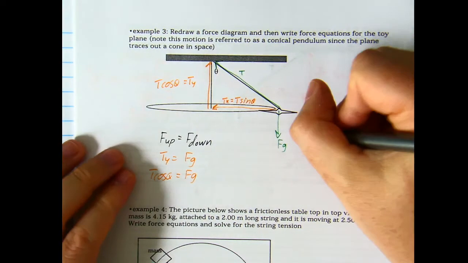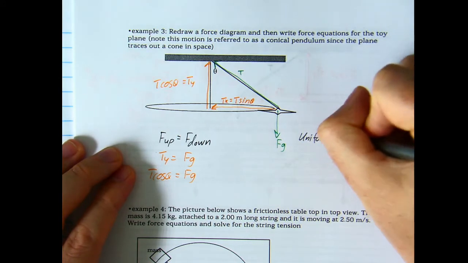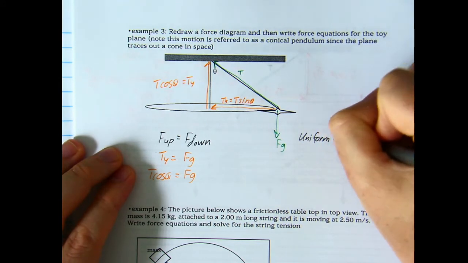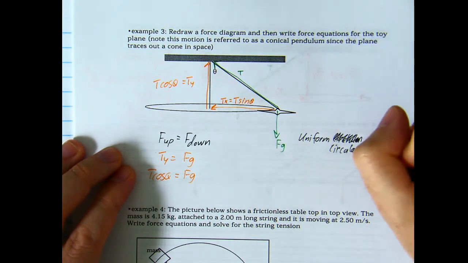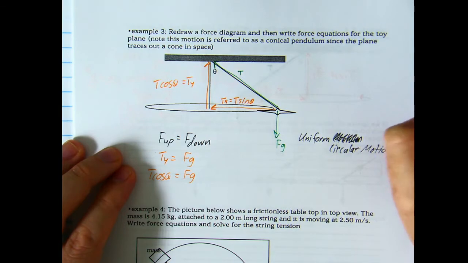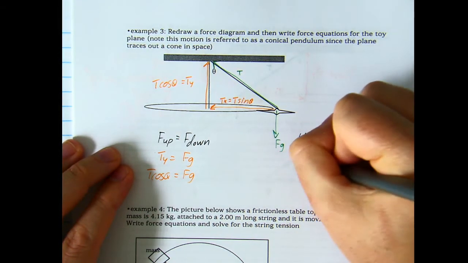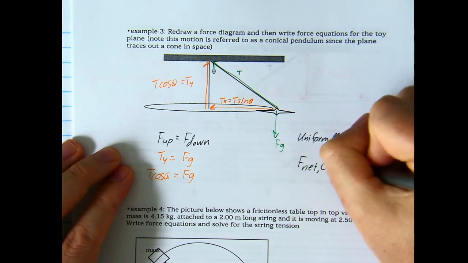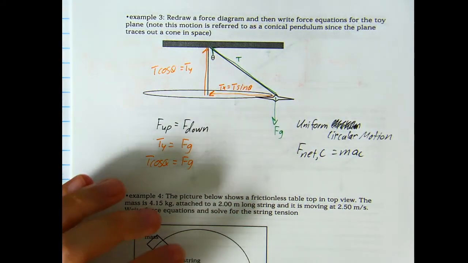And we've got uniform circular motion. It would help if I could spell. Uniform circular motion, which gives us F net C equals m a C. And then if I go all the way to the end of what I had before, I'll just skip to that point.